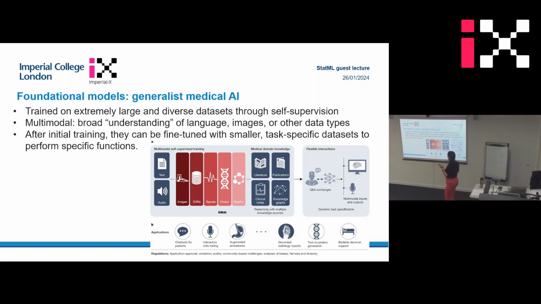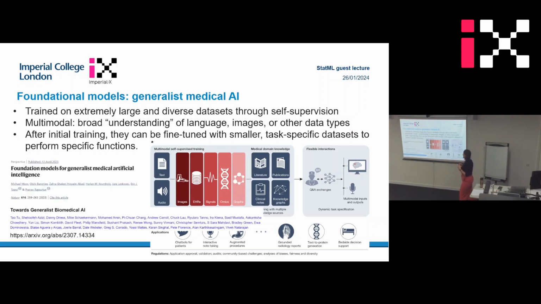There's a lot of talk of all of the things that it could be doing. In general, they are multimodal, so they have a broad understanding of many different data types. After initial training, they can be fine-tuned with smaller task-specific datasets. If you want to look more into foundational models, these are two papers talking about the latest on generalist medical AI.